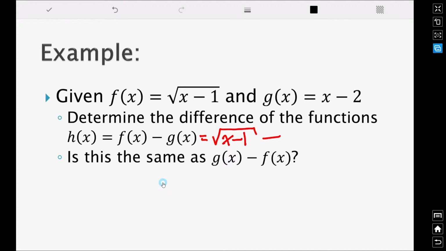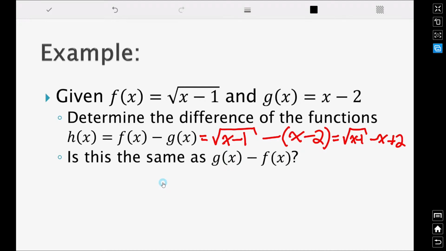Now notice this is going to be slightly different from what I did with the addition of functions. Because remember, I'm subtracting the whole function, not just part of it. I have to subtract the whole function. That minus sign, when I remove the brackets, gives me the following: root of x minus 1, I still get a minus x, but then that minus 2 becomes a plus 2 because I multiply the negative sign through.